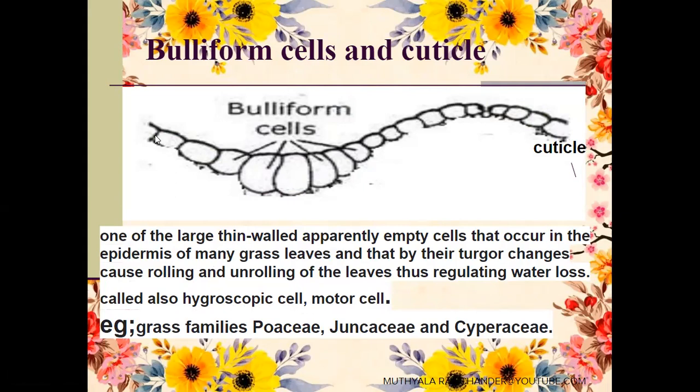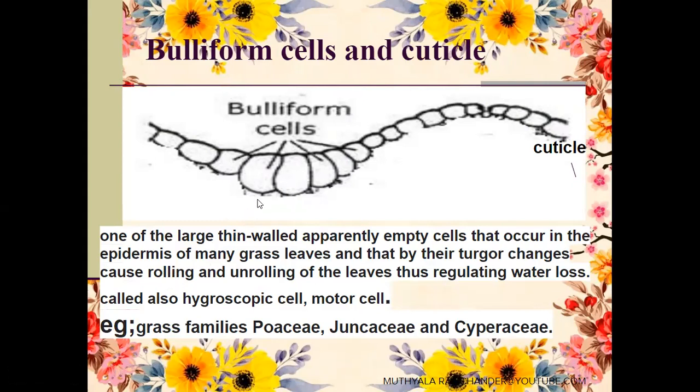In the epidermis, generally epidermal cells are rectangular parenchyma cells, but in some Poaceae, Juncaceae, and Cyperaceae leaves, the epidermal cells are large and hygroscopic. During scarcity of water or drought, the bulliform cells lose their water, and the complete leaf turns into a spring-like rolled structure.